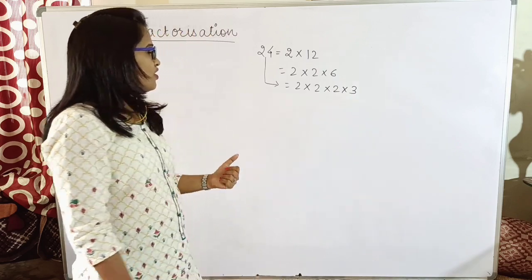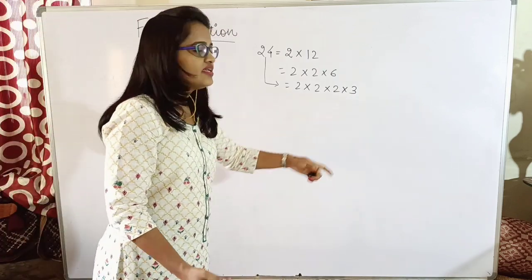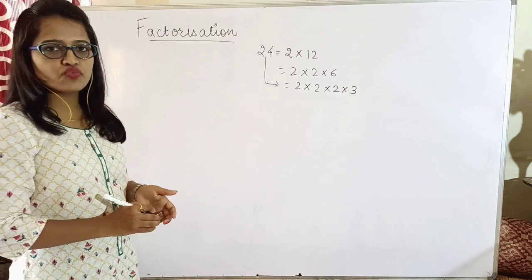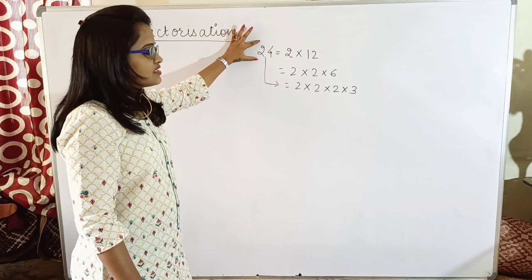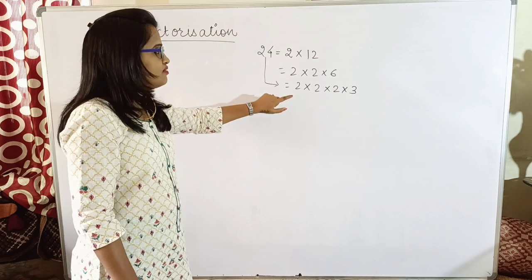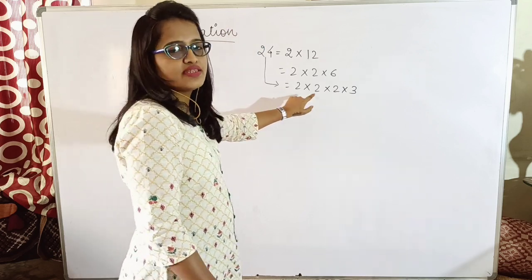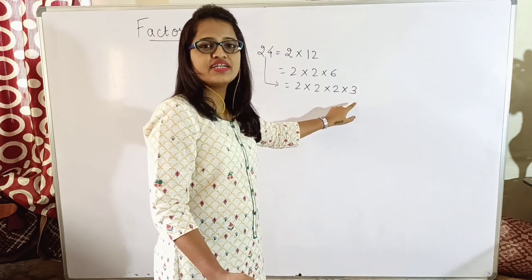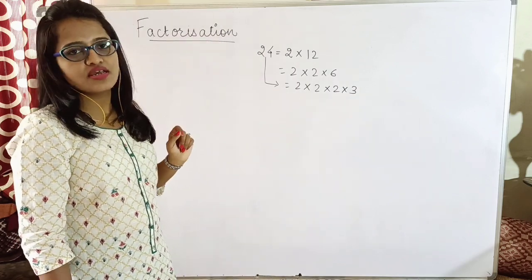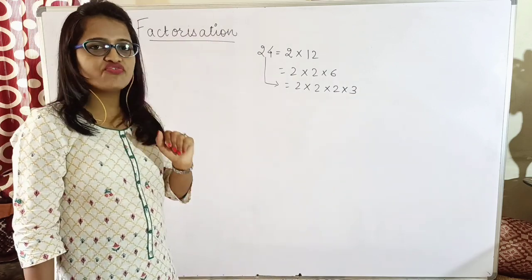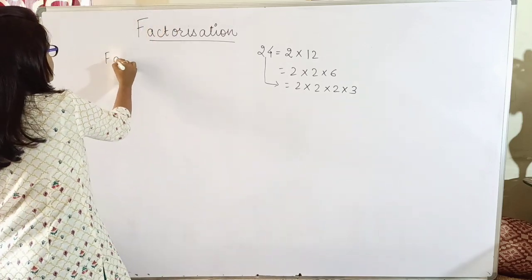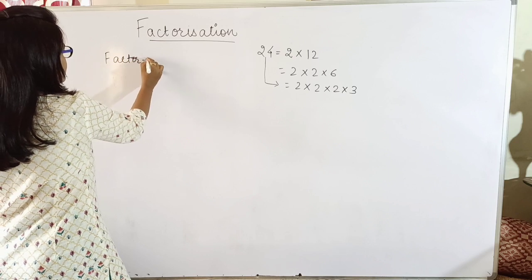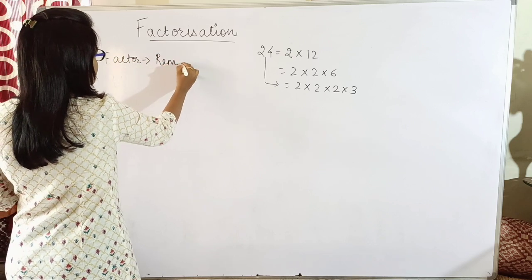So when I say 2 and 3 are factors of 24, what does that mean? It means 24 is completely divisible by 2 as well as by 3. Completely divisible means the remainder is 0. So this is the first thing: whenever we call something a factor, it means the remainder is 0.